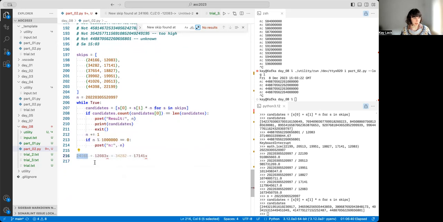Now, if we can reduce this by taking away this from both sides, to make 10, 1, 1, 6.